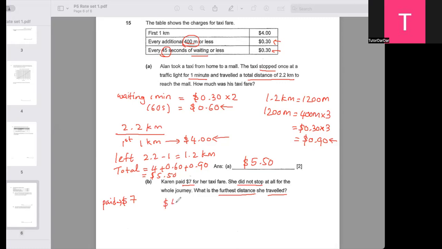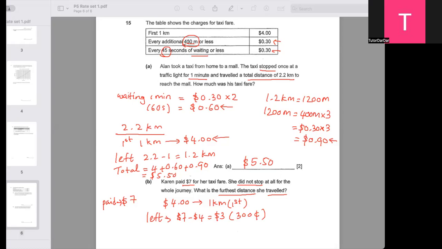So what is 7 minus 4? What is left is $3. Correct? And $3 is equivalent to 300 cents.